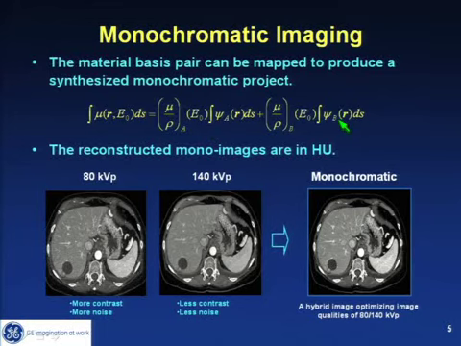The line integral here represents the density projections of two basis materials, A and B. In the previous example, that would be water and iodine. So if we fix a particular energy, since we know the mass attenuation coefficient of water and iodine, because we can just go to the website and download all the coefficients, we can basically generate or synthesize a set of monochromatic projections.